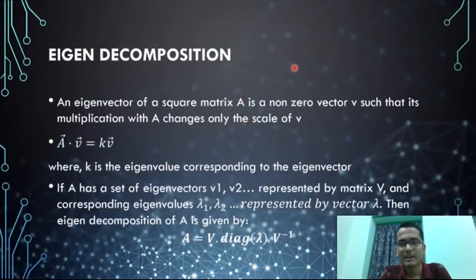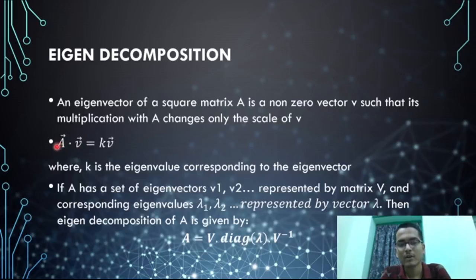I had explained it in my mathematics for machine learning video. You can find the link in the description, or just focus now that an eigenvector of a square matrix A is a non-zero vector v such that the multiplication with A changes only the scale of v. So there is a vector v and there is a matrix A, or we can represent a vector also by a matrix.